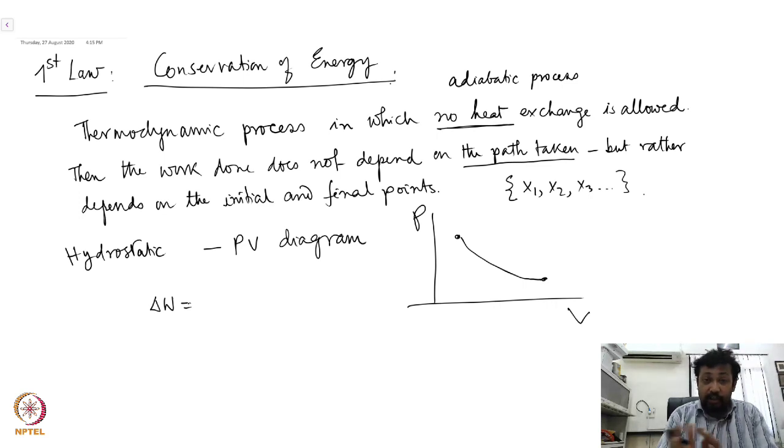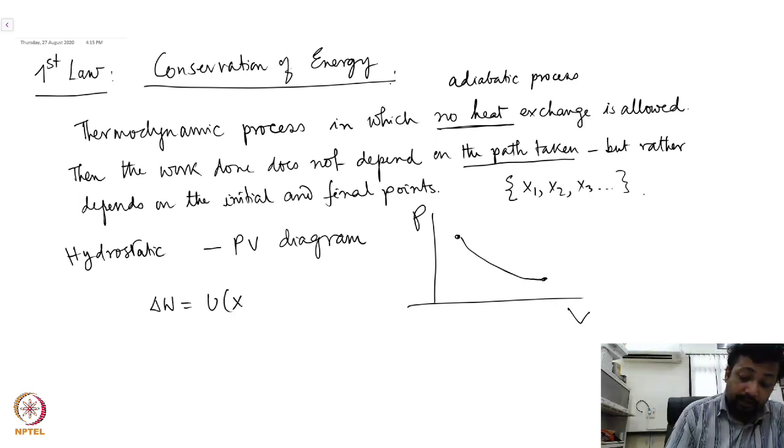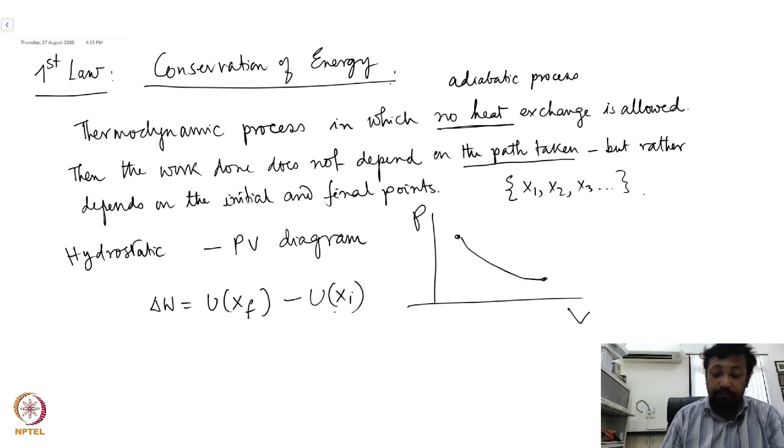Therefore, clearly, if I draw the analogy with mechanics, then I can write down this work done as a difference between this. So delta W is U of xf minus U of xi, where U we call the internal energy.